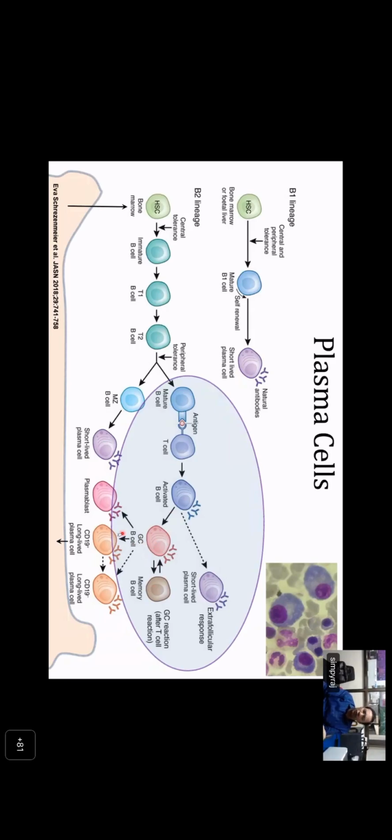A part of these B cells again become long-lived plasma cells, which come into the circulation and from circulation enter the bone marrow again. The bone marrow has a niche, a microenvironment, which helps them survive for a longer period, and that's why plasma cells come back to the bone marrow.